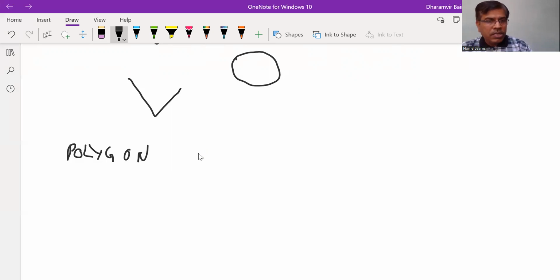The polygon is simple, it is closed, and made up of line segments, meaning it is drawn through lines. Like you can make a triangle. This is closed, it is simple, and these are the line segments.